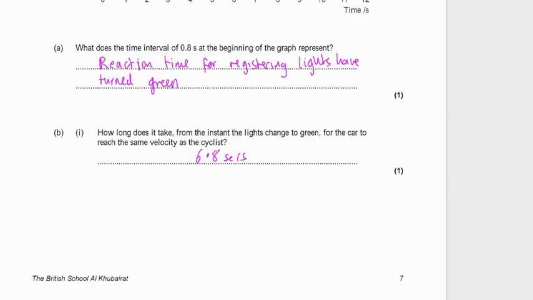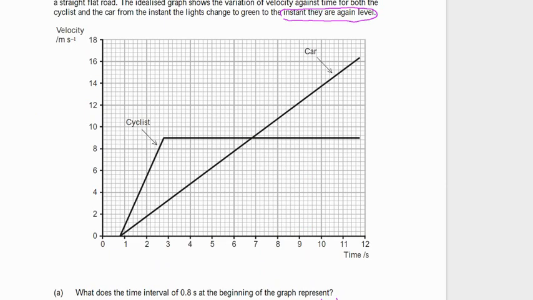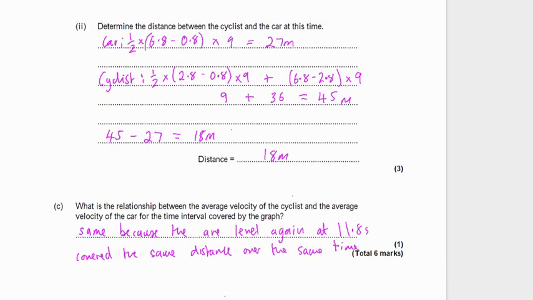The cyclist, we've got 2 areas to work out. That area there, that's a 2.8, and that's 0.8, so that's 2 seconds times 9 times a half, and then it's 6.8 take away 2.8, which is 4 seconds, times 9 for the rectangle, and we get a total of 45 meters.